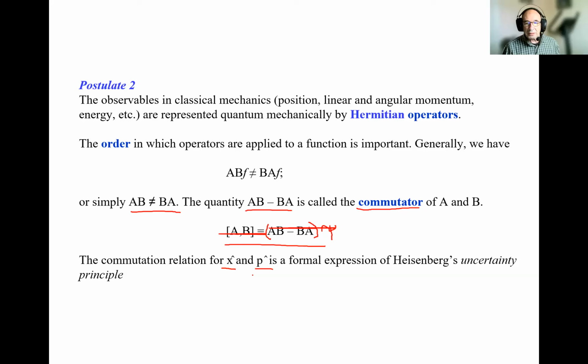Does it make sense? Do people have questions about this? Remember, these are not results. These are postulates, right? So we postulate, and then we build theory on that basis.